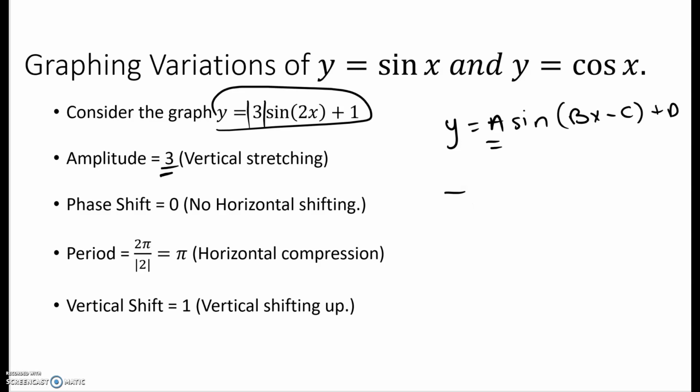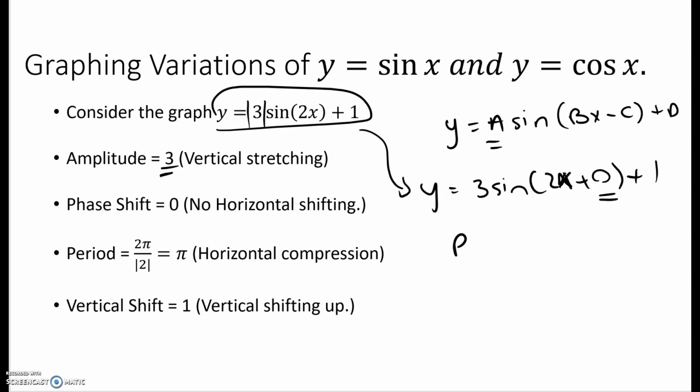So you could write this as y is equal to 3 sine of 2x plus 0 plus 1. This right here would be your c value, since there's no number there. And your phase shift is c over b. Well, this would be 0 over 2, or 0 for your horizontal shifting.